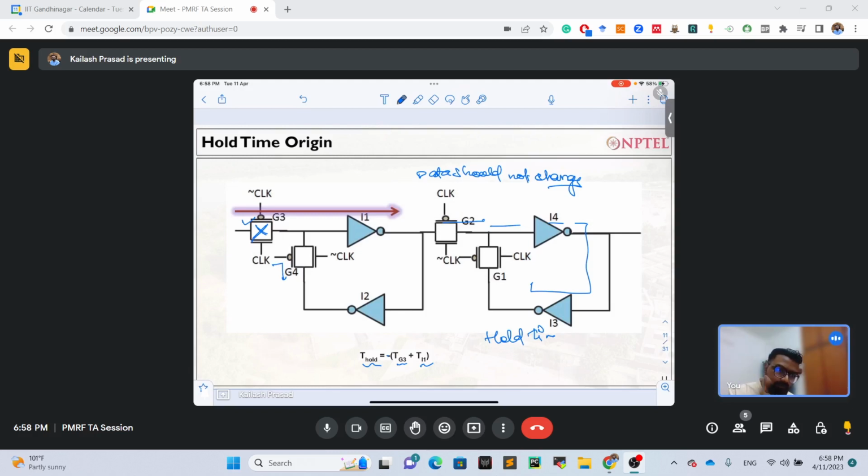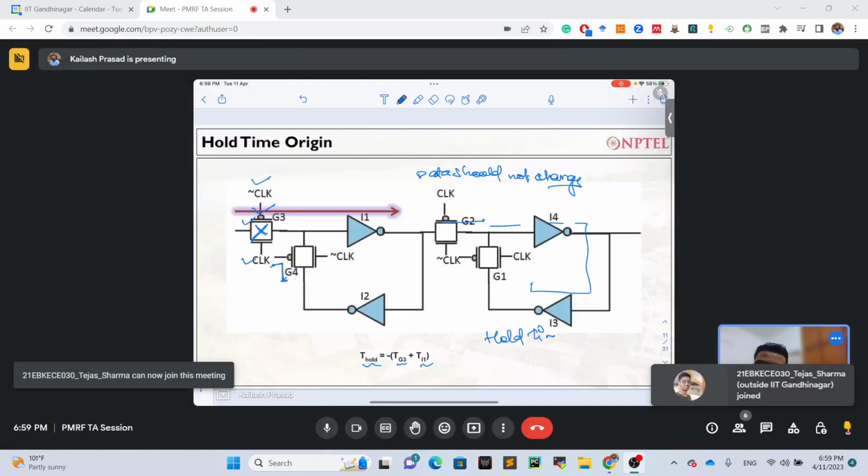Hold time violation will occur if the clock edge over here has gone low but this is still open. And this kind of thing can happen. Why? Because there are clock and clock bar. How will the clock and clock bar be generated?